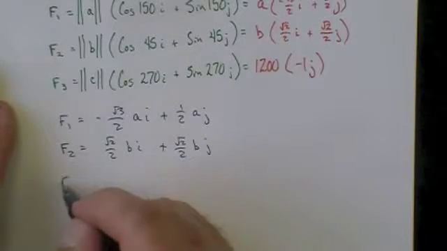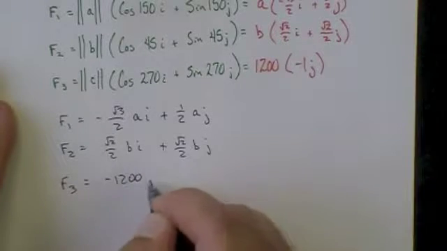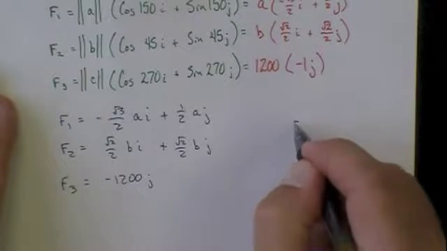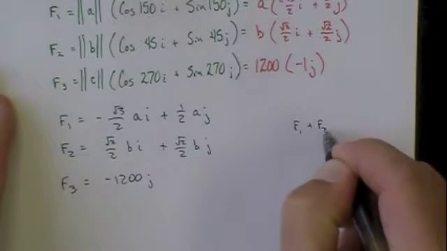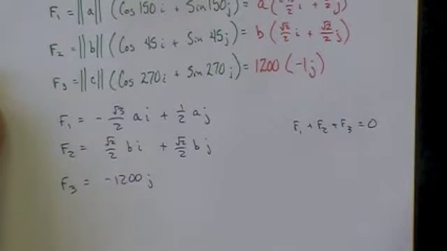And then force 3 is a negative 1,200 for the j component. Now again, we were saying that force 1 plus force 2 plus force 3 equals 0.